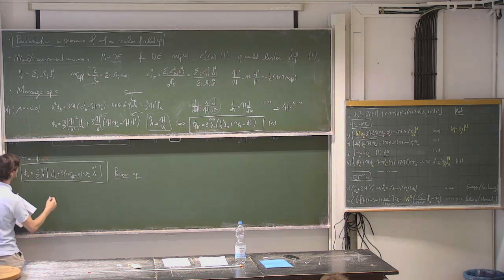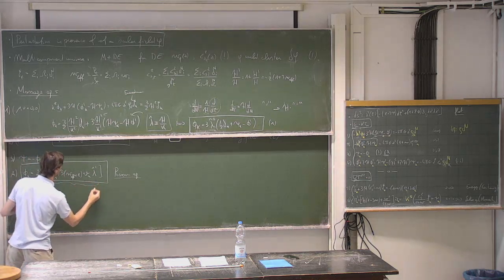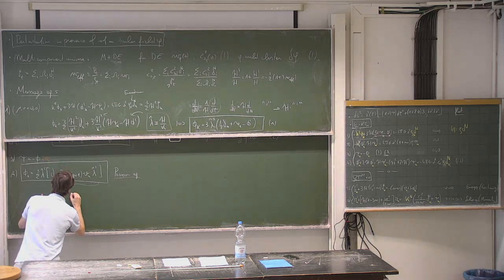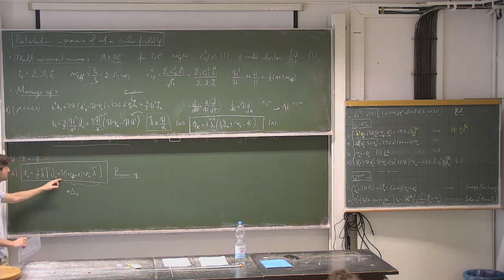Now, just to stress, here is some important physics. Look at this guy. That's what you can observe. What you observe in reality is not this delta_k, so it's not just the perturbation of the density field, but there is this general relativistic contribution, okay? And that's the observable.